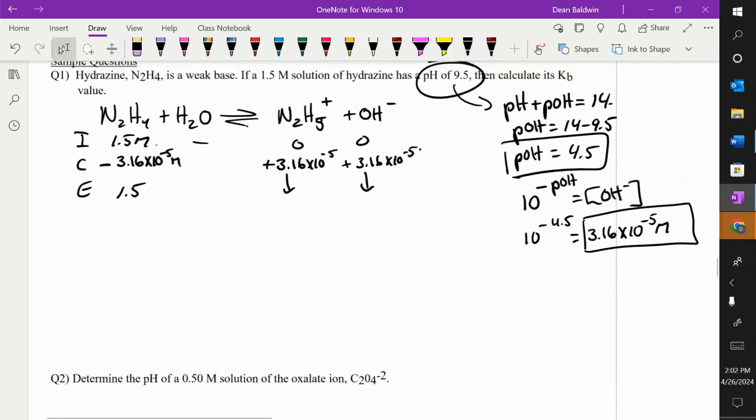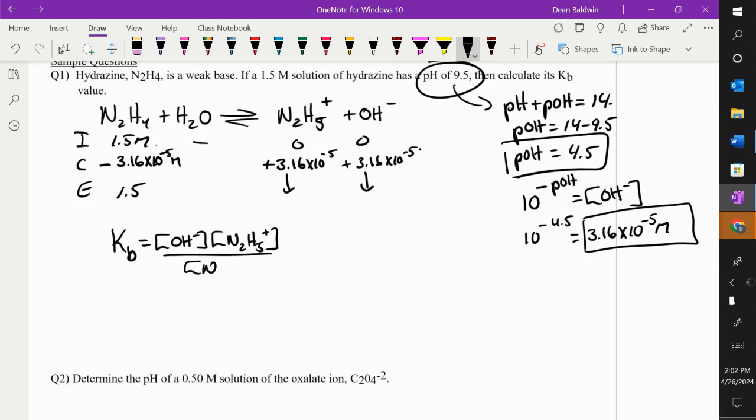Okay. Then we write the Kb expression like we've been doing for three chapters. It's the concentration of OH minus, times the concentration of N2H5 plus, over the concentration of N2H4. Do we put the water in? Perfect.